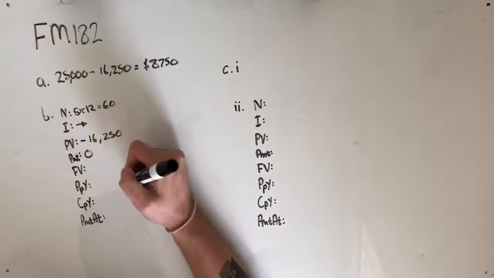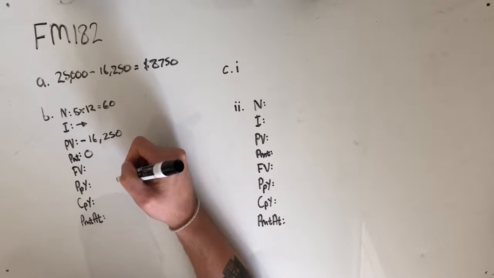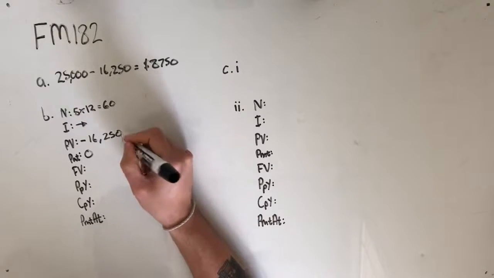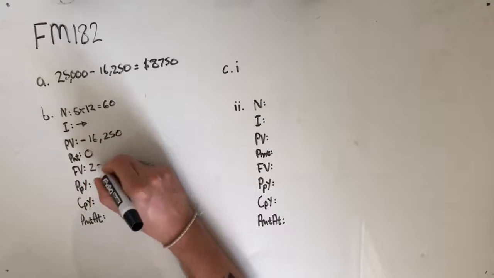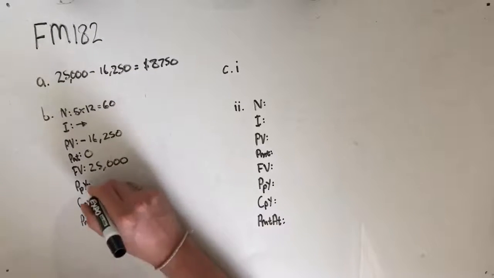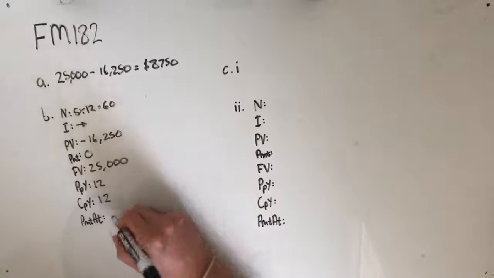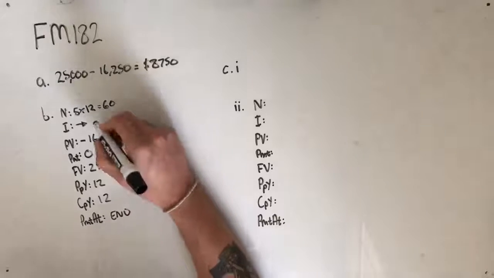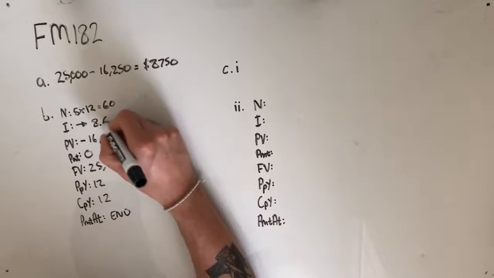Payments, 0, because we haven't been told that any payments are being made and we're not taking out any money from this investment. And the future value, positive 25,000, because that's how much it'll be worth to them in the future. And of course, our payments per year and compounds per year are going to be 12 each. Solving for the interest rate, we get a rounded answer of 8.6%.